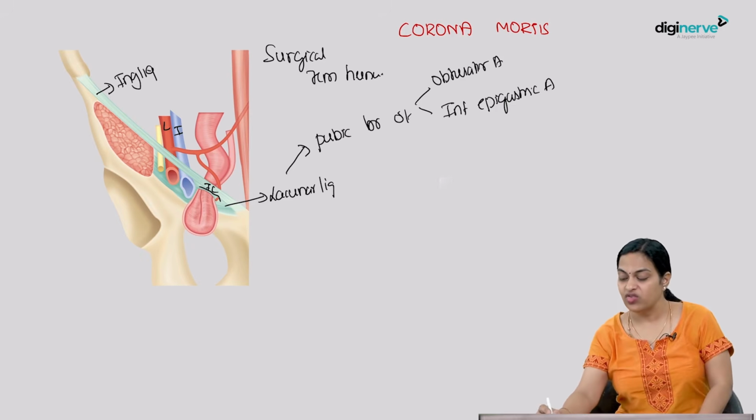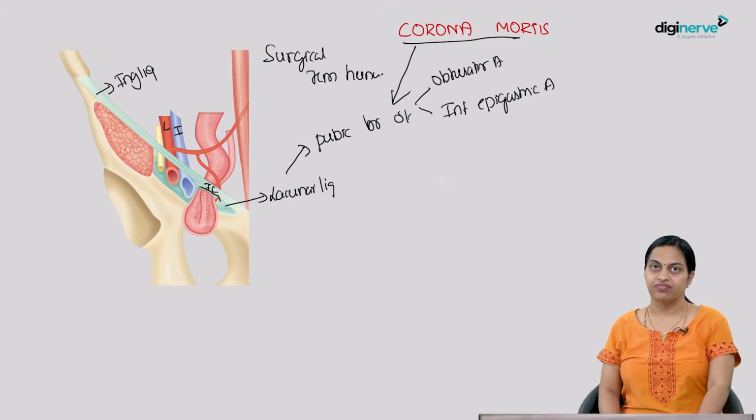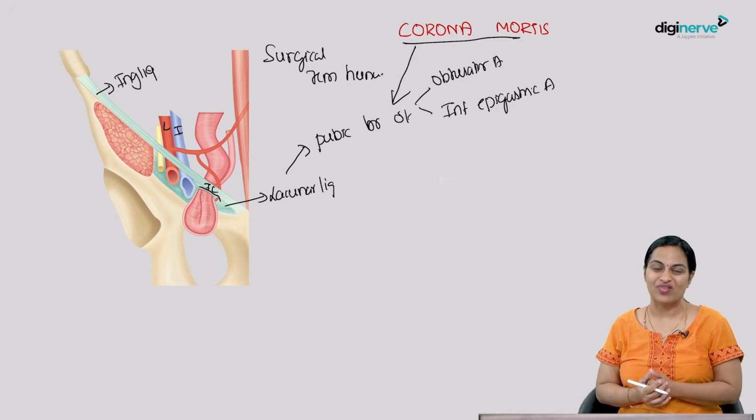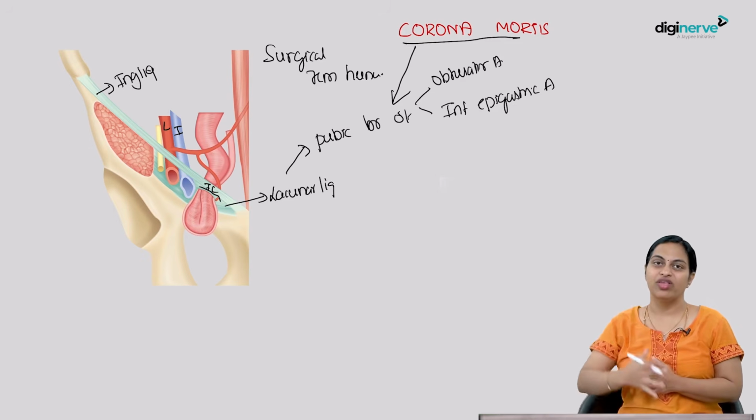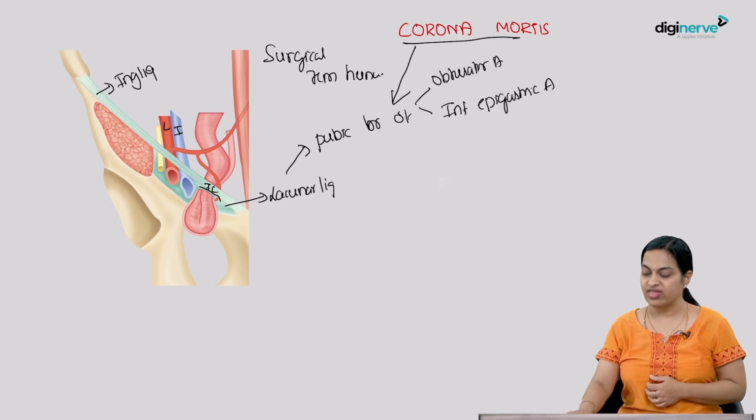Hence, this anastomosis is called corona mortis, a very dangerous anastomosis. Okay, so if one of these pubic branches is abnormally enlarged, we call it the abnormal obturator artery, that can lead to severe hemorrhage while doing a surgical incision of the lacunar ligament during widening of the femoral ring in femoral hernia surgery.